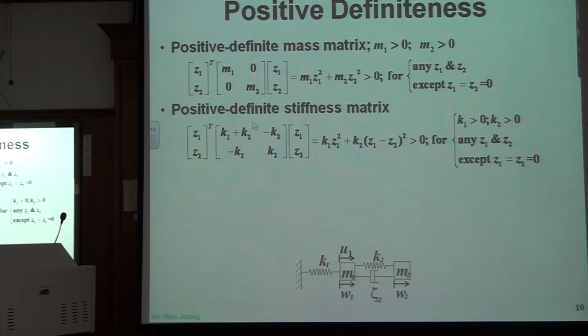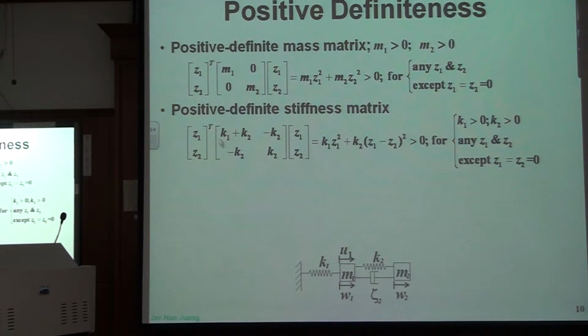Now, another one, the positive definite stiffness matrix. This is the stiffness matrix. The same thing for any arbitrary z1, z2. Then you multiply them out in terms of matrix multiplications. They become k1 z1 square plus k2 (z1 minus z2) square.